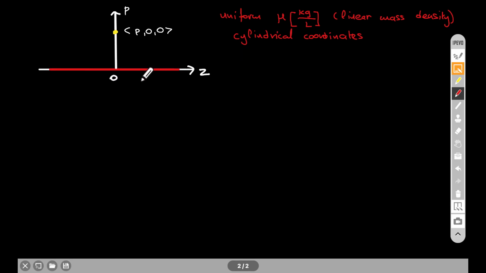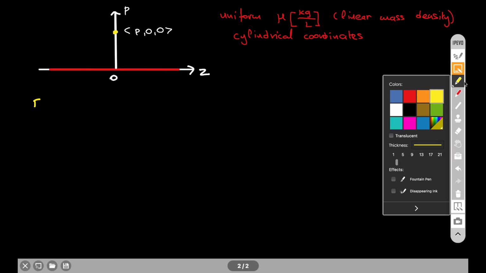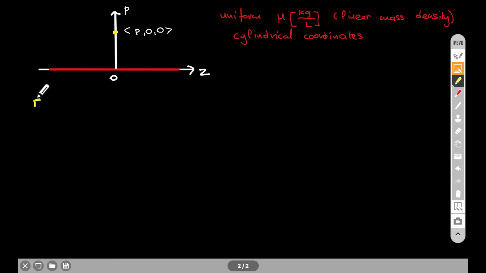Now, I'm going to give you an overview. We do know that the gravitational force between two point particles is given by minus the gravitational constant G, m1, m2.